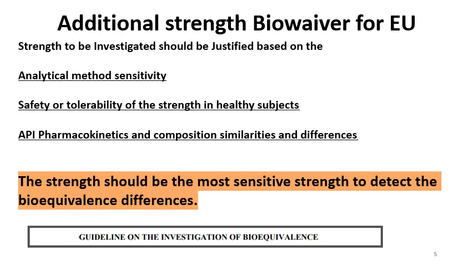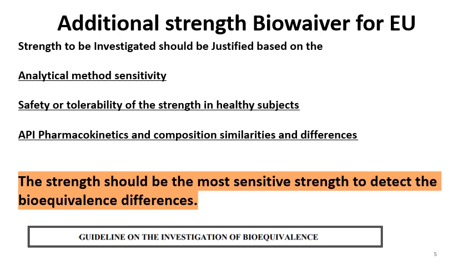That means whatever strength you are calling the bio strength, that is the BE strength, and the waiver strengths. So how is that BE strength selected? As per the guideline on the investigation of bioequivalence, as per Europe regulations, the strength should be justified based on the analytical method sensitivity, and the safety or tolerability of the strength in healthy subjects.